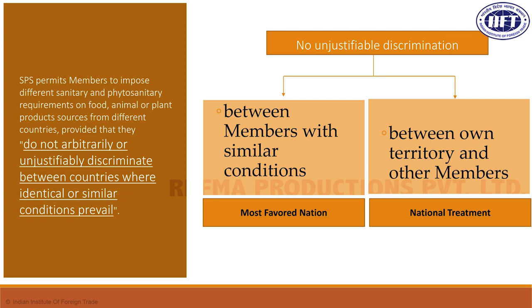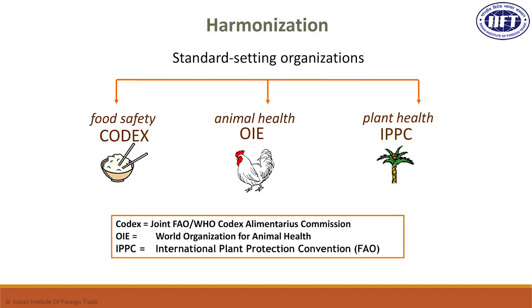The WTO appreciates this concern of companies. On the quality compliance front, there are three international bodies which have, to a certain extent, harmonized the global food standard. You should be aware of these three organizations. You can look into the food safety standards.